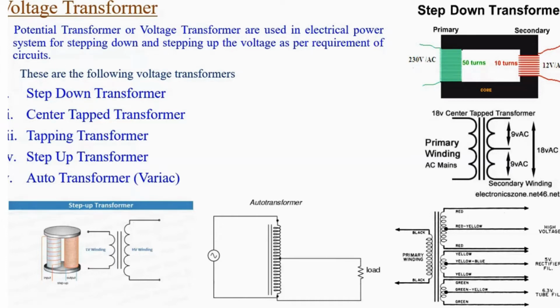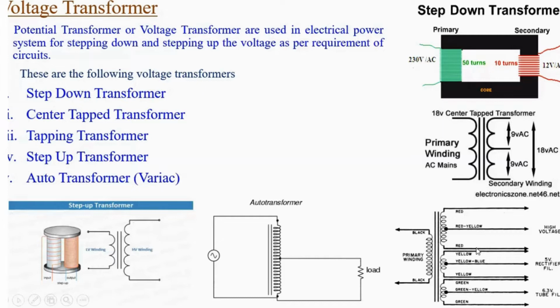We can use 12 volt also, we can use 6 volt also. Whatever voltage we want, the number of turns will decide. But why do we call it center tap? Because we distribute exactly half. There will be one more terminal coming from the half of the winding, which divides the complete winding into two parts. That is called a center tap transformer.